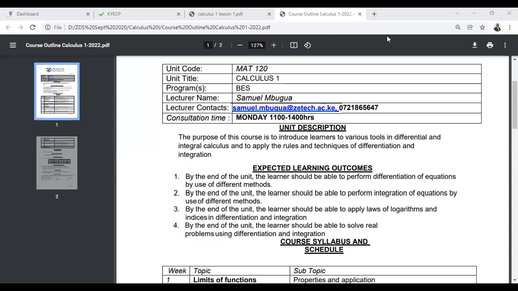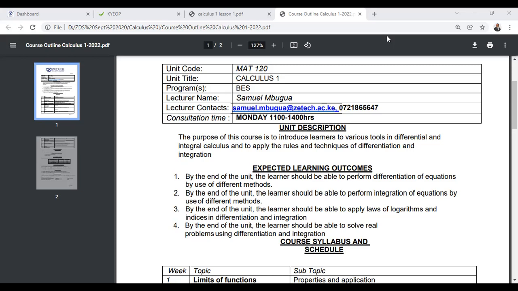And this unit basically will be concerned with the use of mathematical tools. If I was to define what calculus is, it is concerned with the mathematical analysis of change or movement.